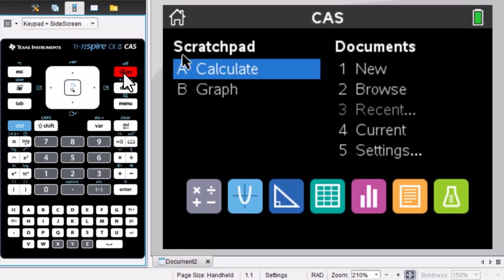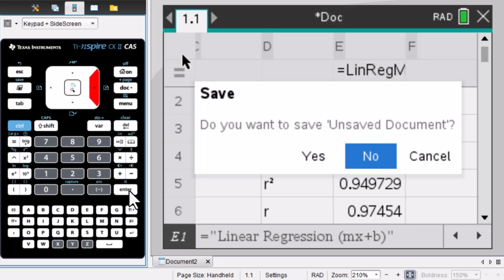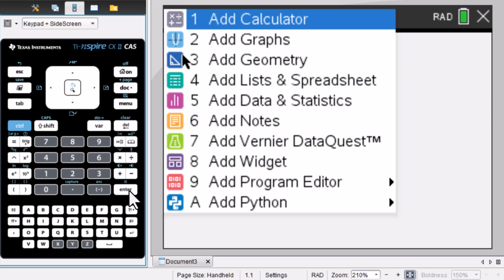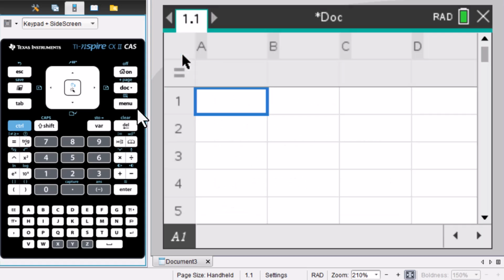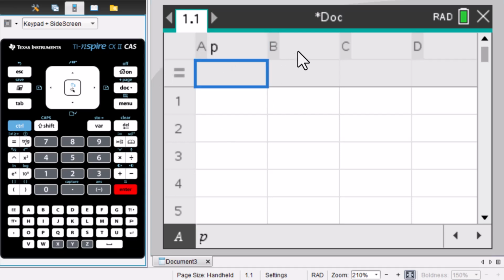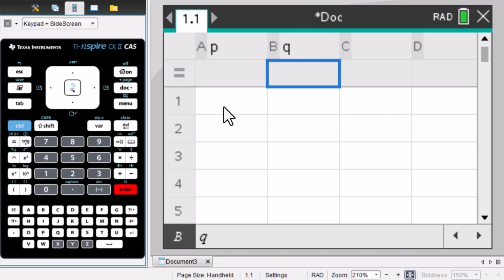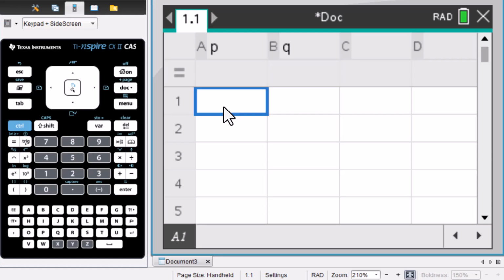Click on Menu, then 1. Go to 4. Label the first column P. Enter. Q. Enter. Then we put in the data.